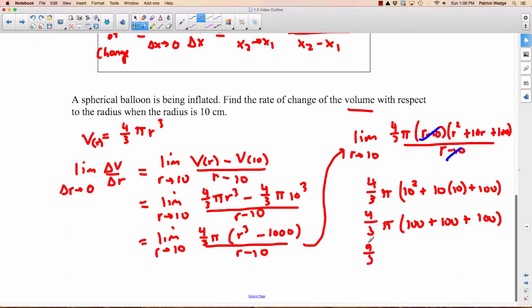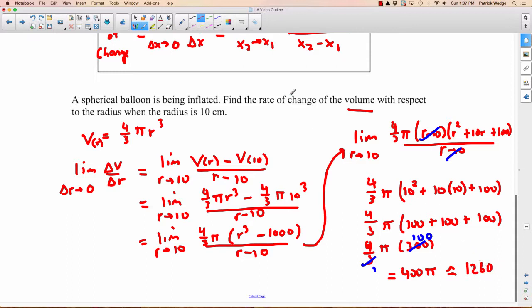So we have 4/3 pi times 300. Oh, we can simplify here. This becomes a 1, this becomes 100. So we have 4 times 100 is 400 pi. Our final answer here is 400 pi, or if you want that as a decimal, it's approximately 1,260.